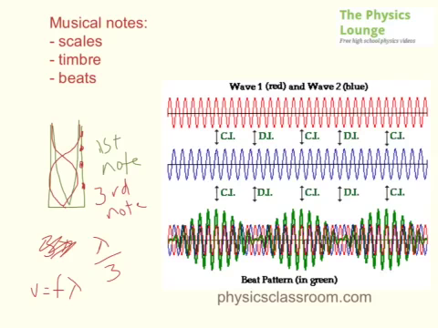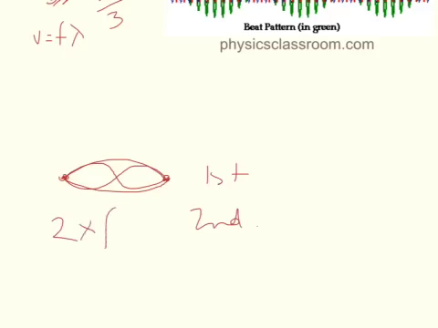Now I'm going to go to the guitar string, because it's much easier to see, and I should have started with that. Here's our guitar string with the fundamental represented on it between 2 nodes and an antinode in the middle. When we play this, if we play the second harmonic, so it's the first harmonic, if we play the second, we're going to get this pattern, and we're doubling the frequency.